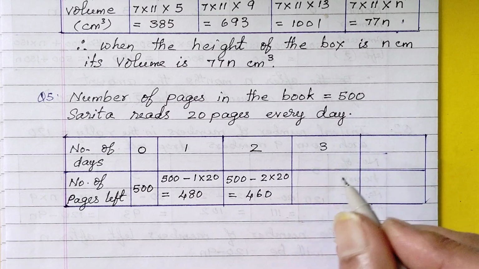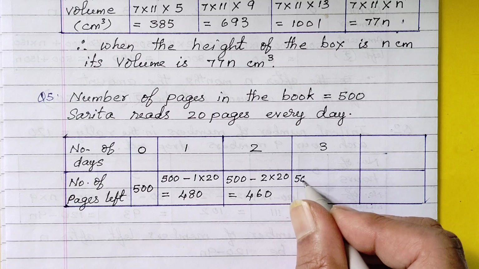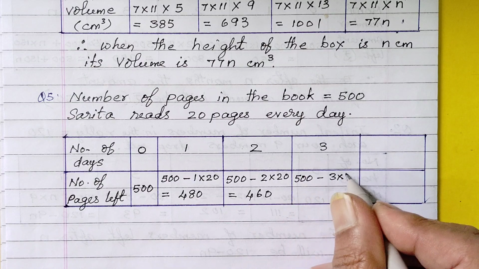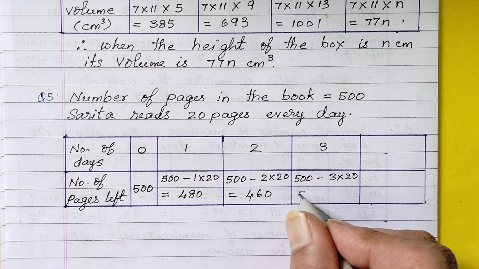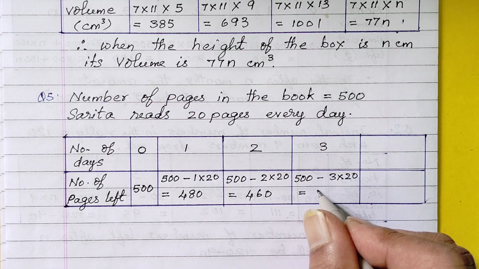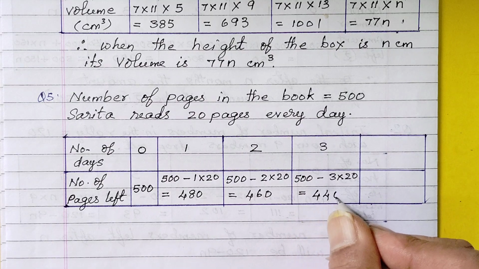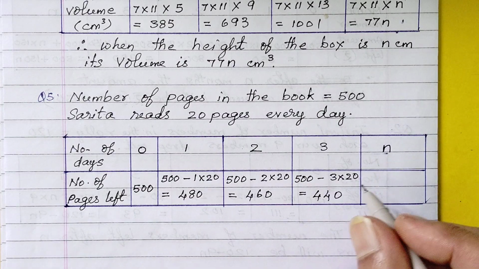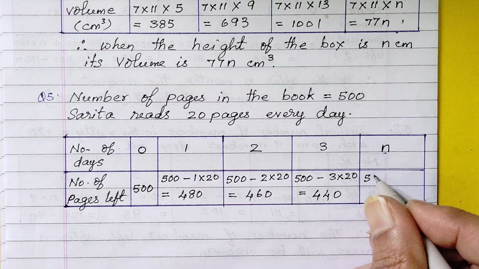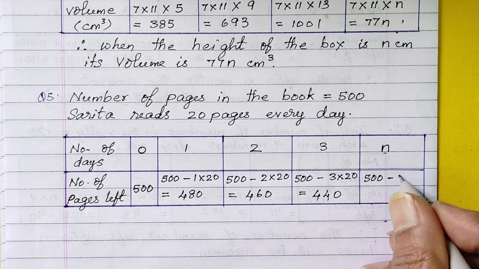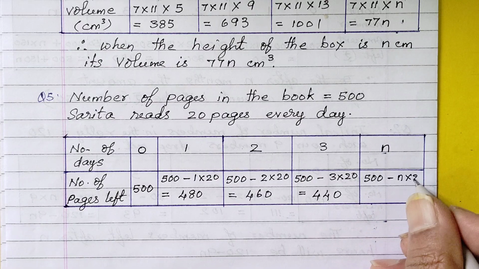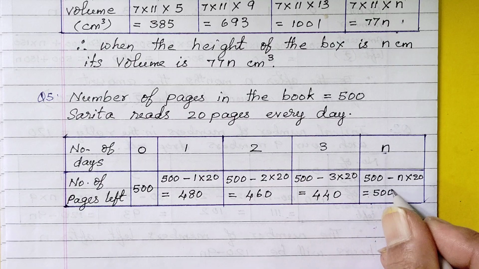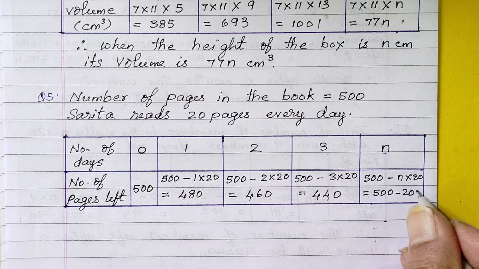After the third day, the pages left will be 500 minus 3 into 20, that's equal to 440. After n number of days, the pages left will be 500 minus n into 20, that's equal to 500 minus 20n.